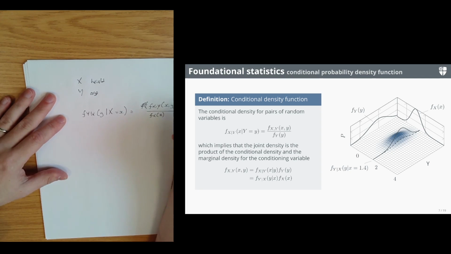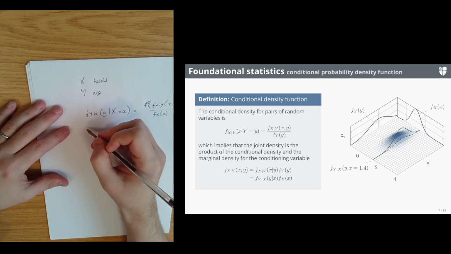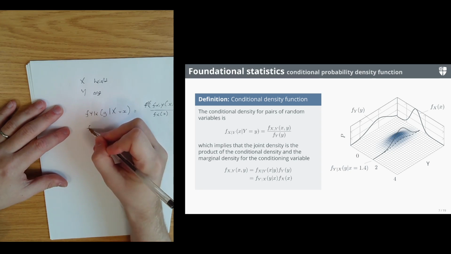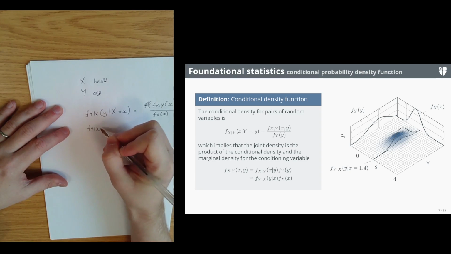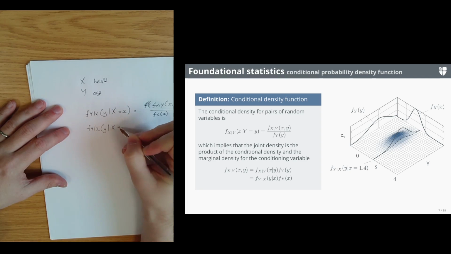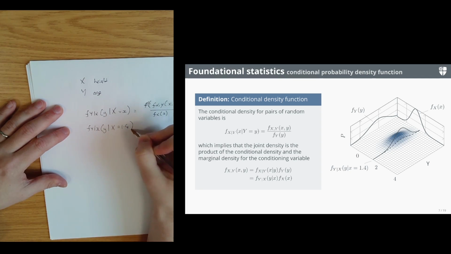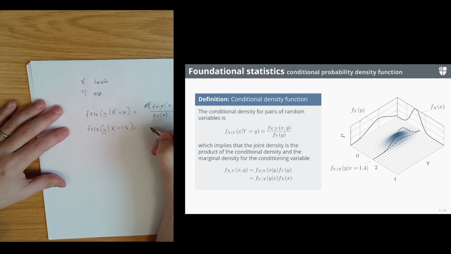I'm doing the full notation here, no abuse of notation. So we could say this is f of y given x taking on the value 1.4 meters.